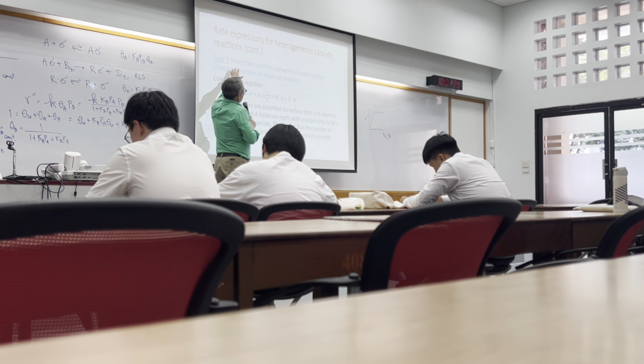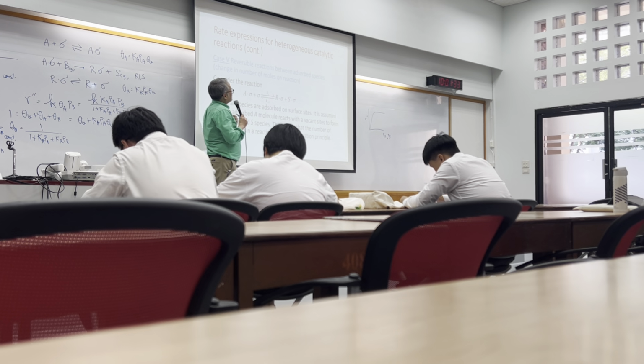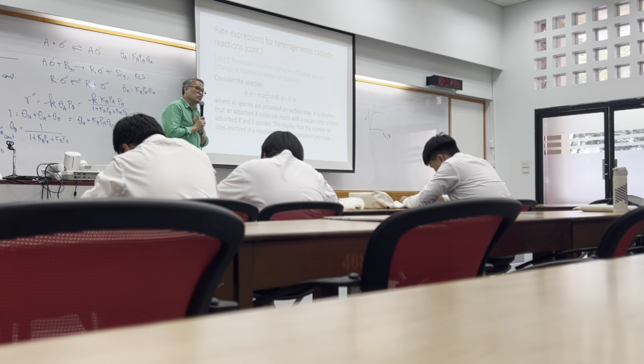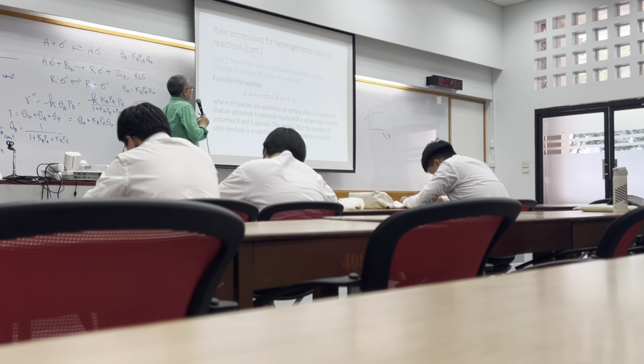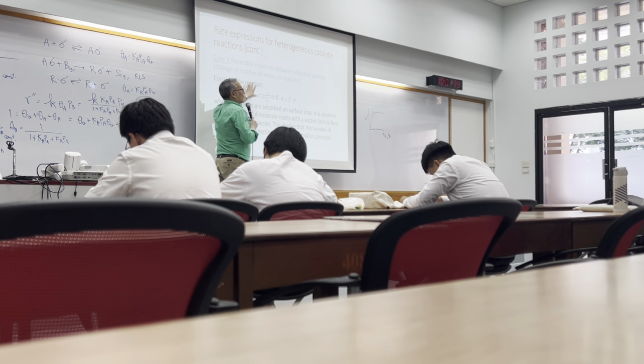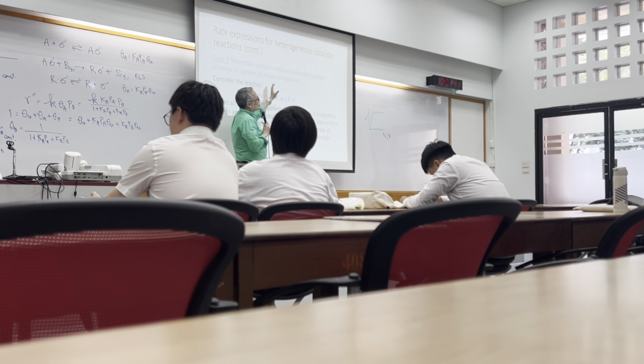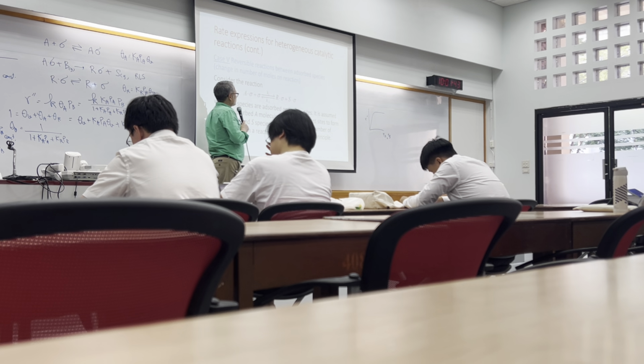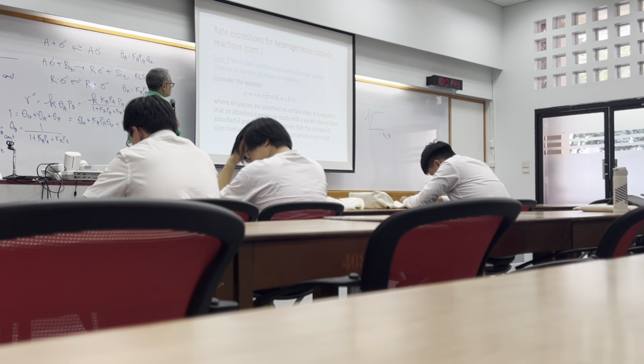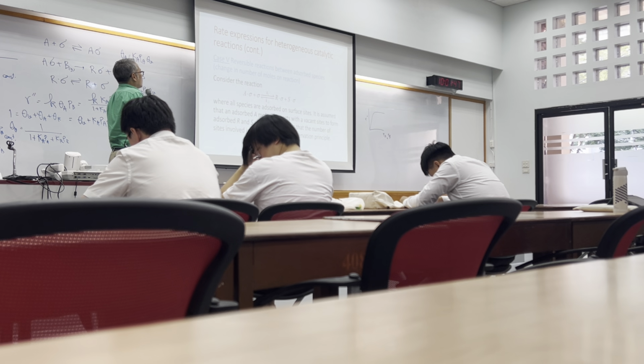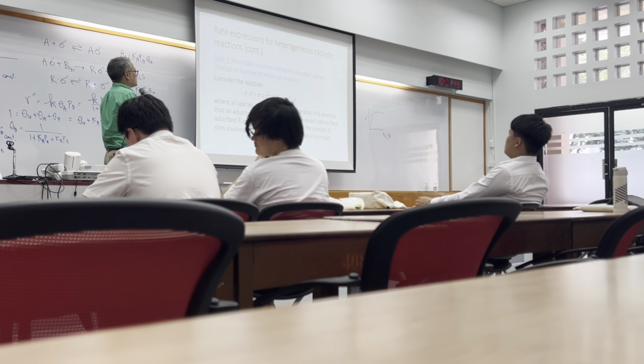So reversible reactions between adsorbed species, but then there is a change in number of moles. You can see left-hand side 1 mole, right-hand side 2 moles. There's a change in number of moles. All species are adsorbed on the surface.